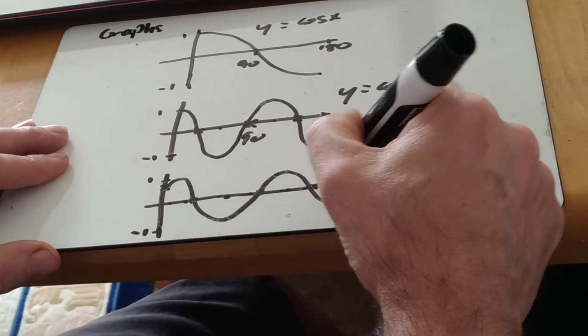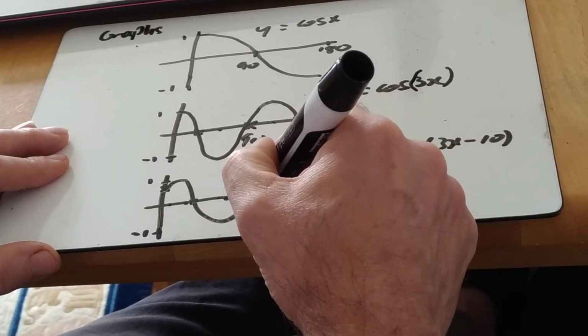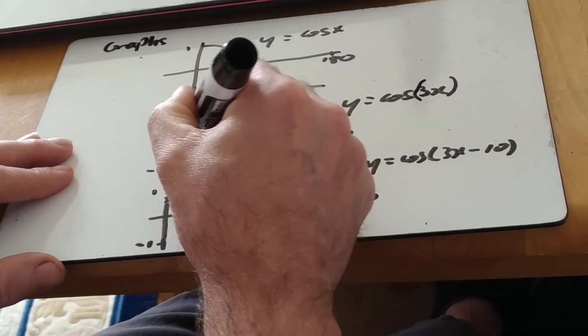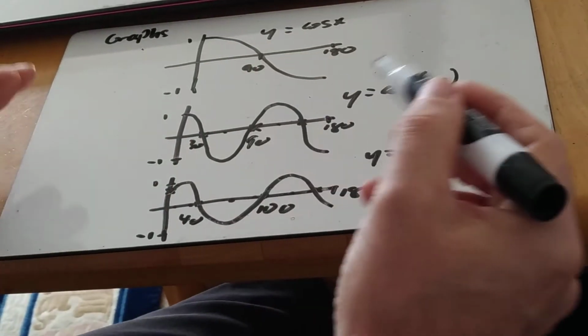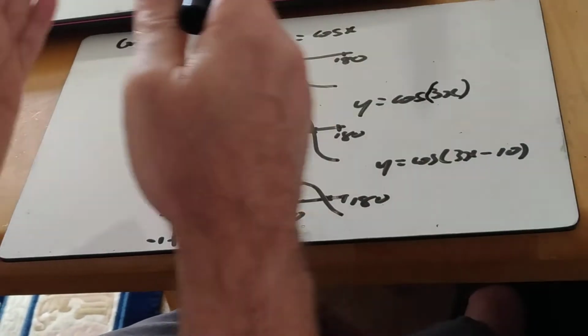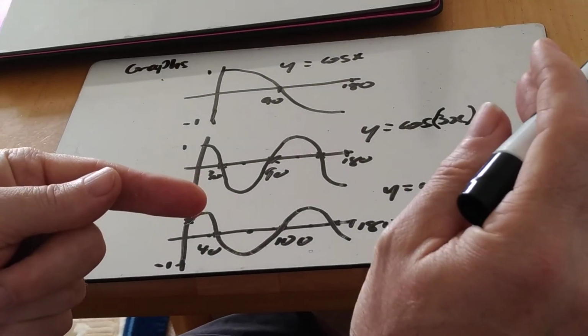And that's at my 180. That's gone 10 degrees that way from what it was before. So bit by bit, I've got my original part of the curve, I've squished it by a factor of 3, and I've shoved it 10 degrees that way.